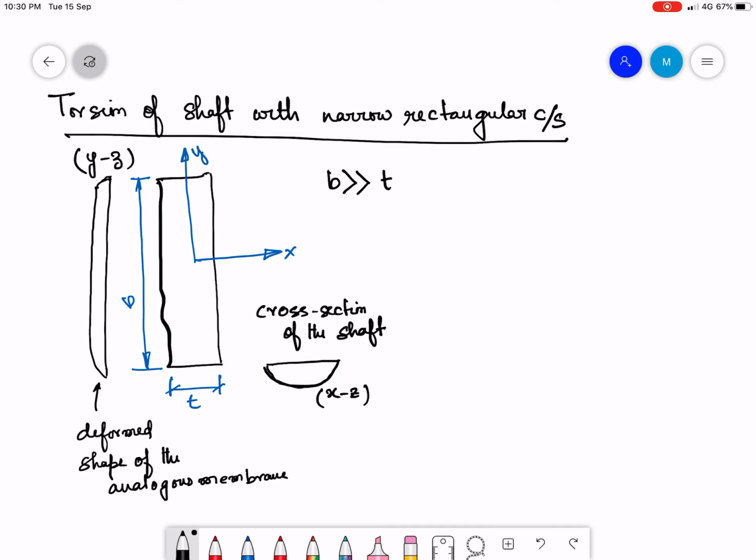Now, if the cross section is narrow enough, so that B is much larger than the thickness T, the deformed shape of the membrane in the YZ plane can be very well approximated in this form.